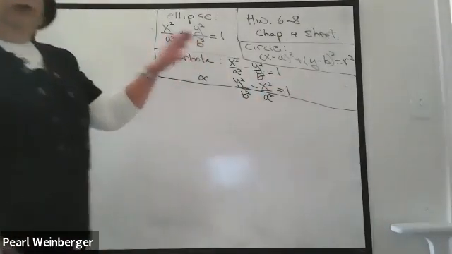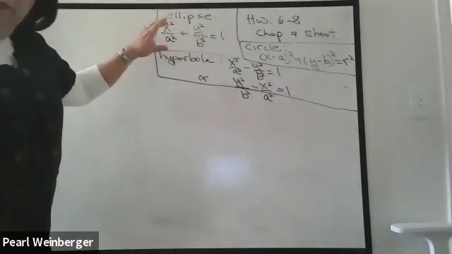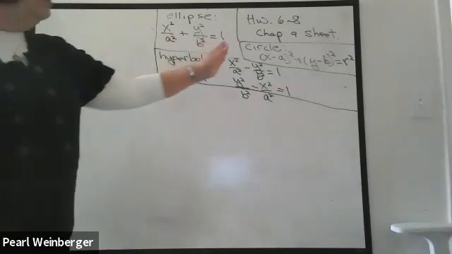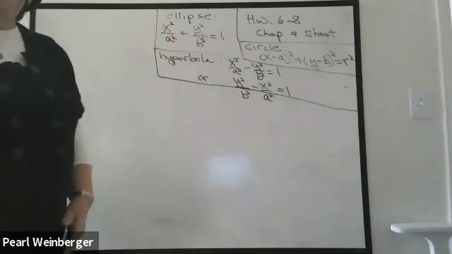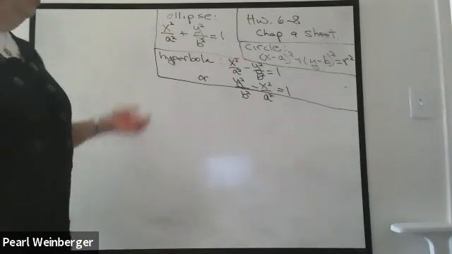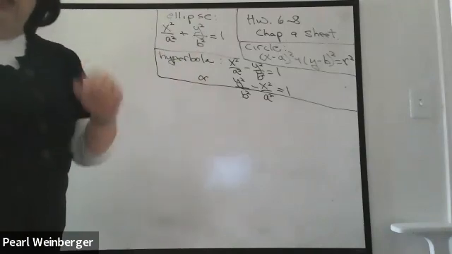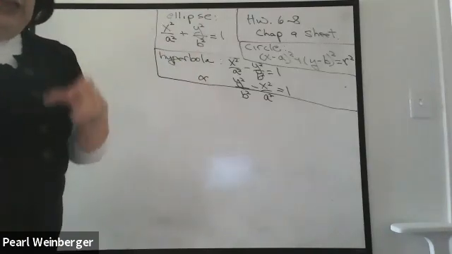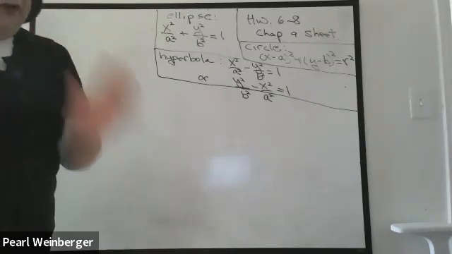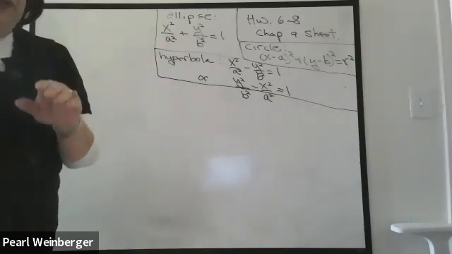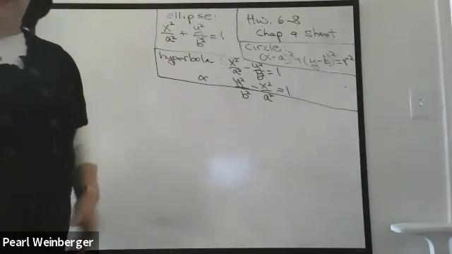If you notice, it looks very similar to the equation of the ellipse, except between the x squared and the y squared terms, there's a minus instead of a plus. In other words, whenever you have an x squared and a y squared term in your equation, and one of them is positive and one of them is negative, you're going to get a hyperbola.